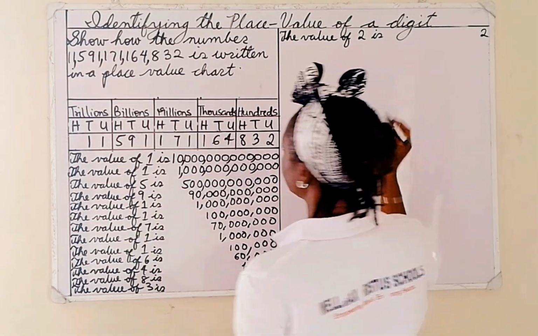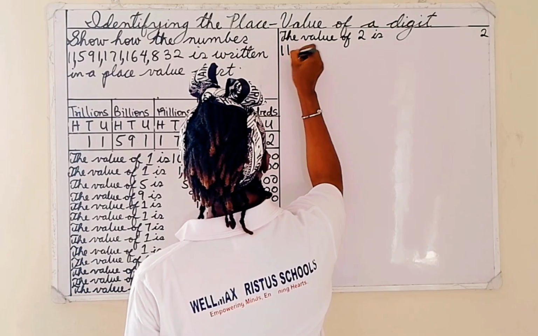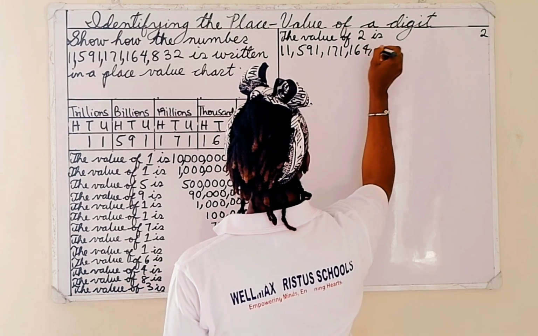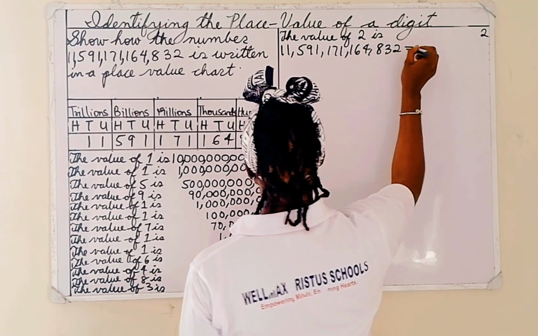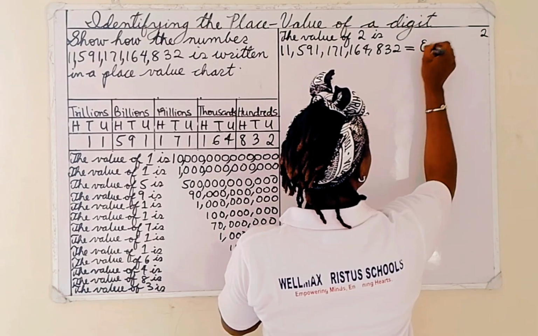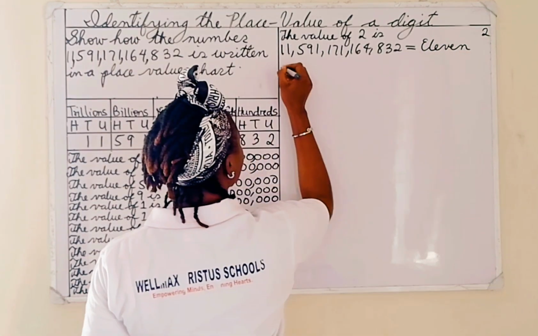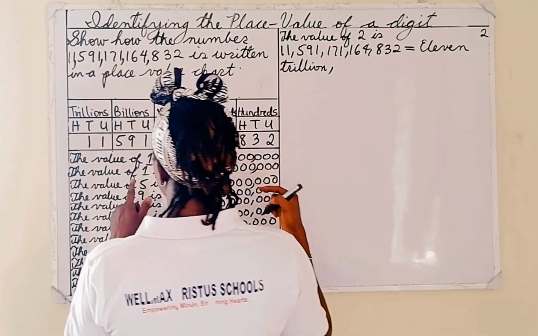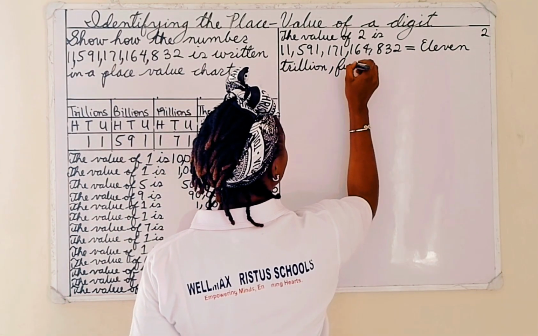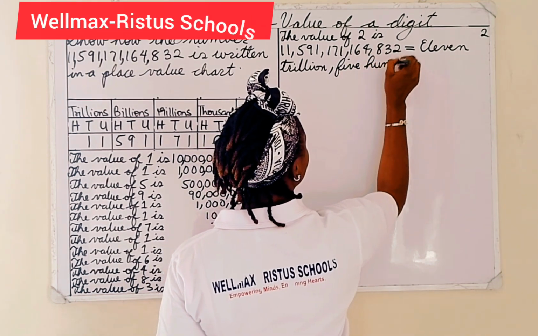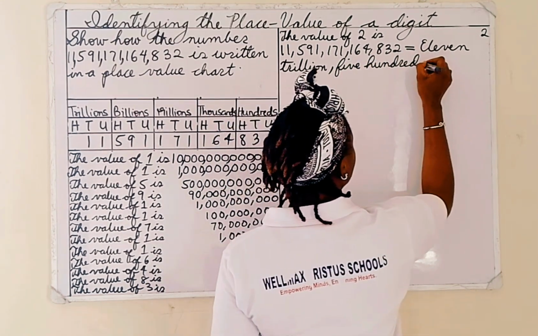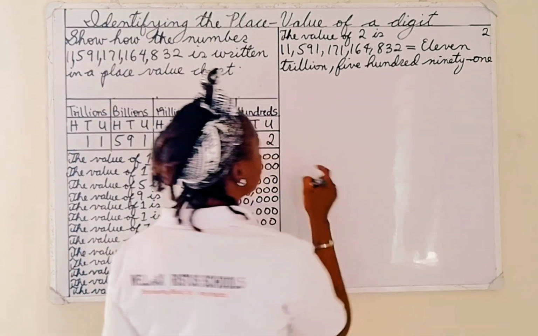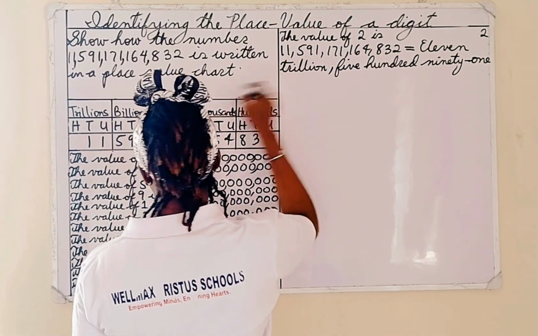Let's write the numbers out first. This becomes 11 trillion, 591 billion.